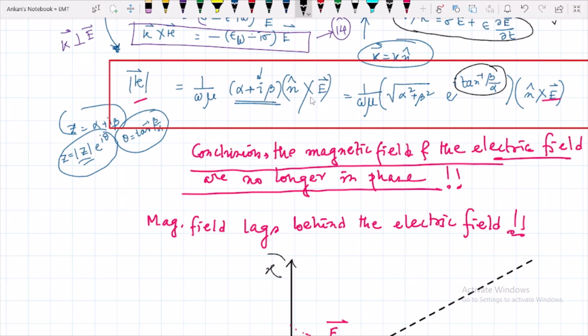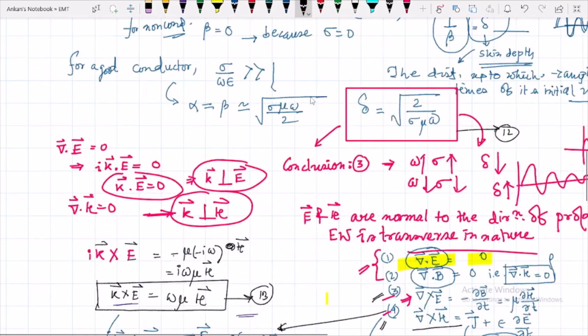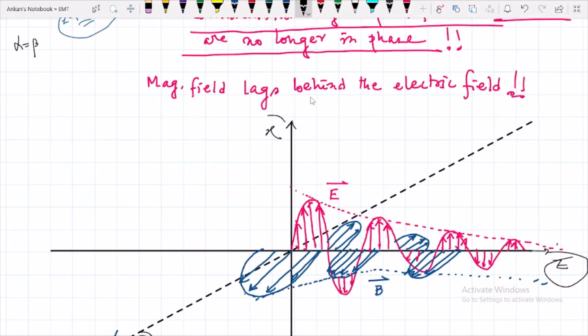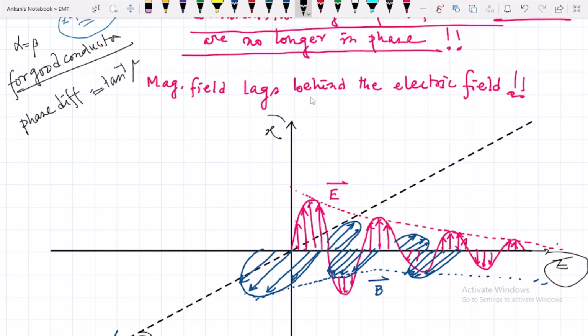Now, for a good conductor, alpha equal to beta equal to under root of mu omega sigma by 2, we have already showed this. So for good conductor, alpha equal to beta, and the phase difference will be tan inverse beta by alpha, tan inverse 1, pi by 4 or 45 degree.